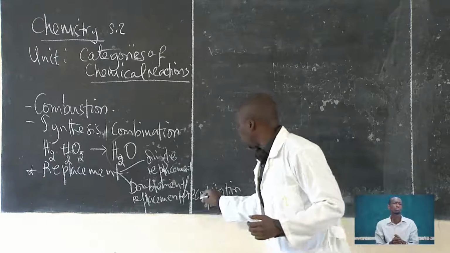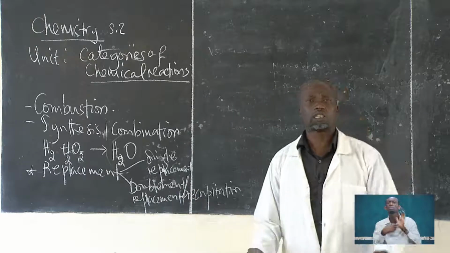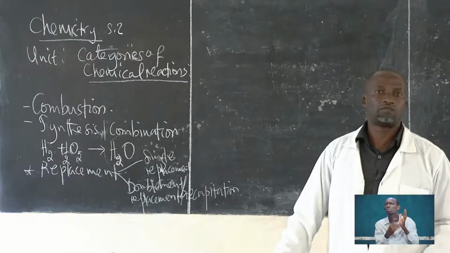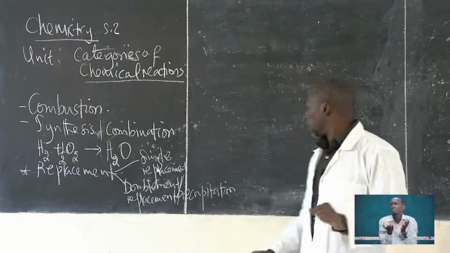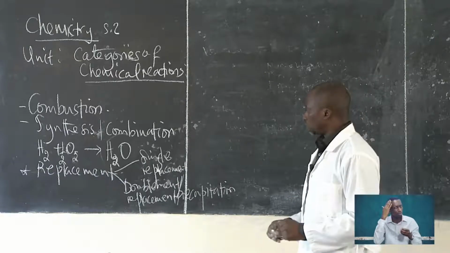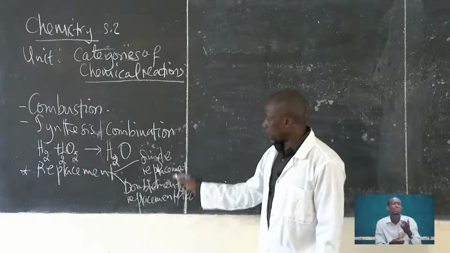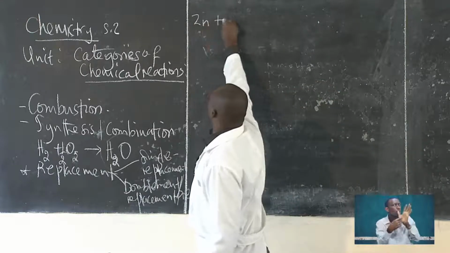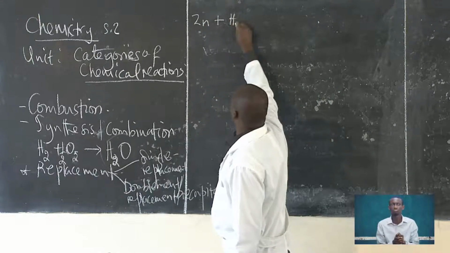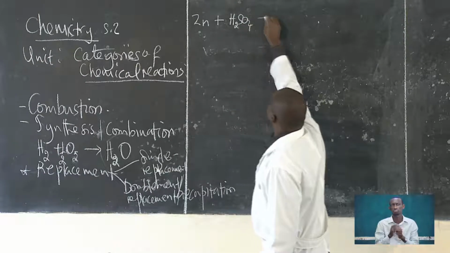Now, I'll give a few examples, not very many. I'm just helping those who could have missed this, so that we can go ahead together. In the single replacement, take the example of zinc combining with dilute sulfuric acid.